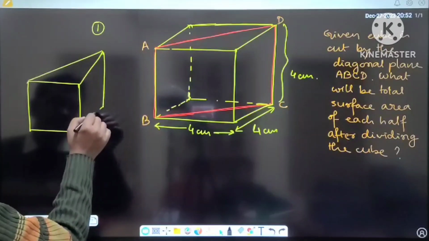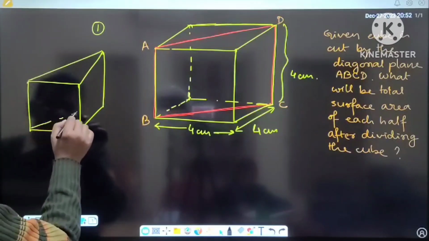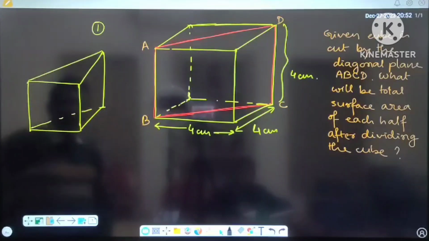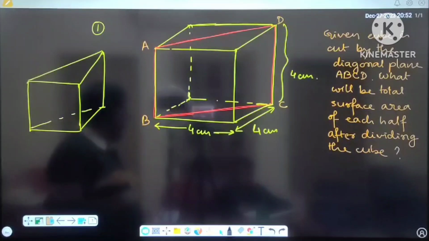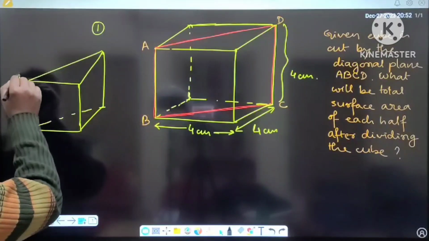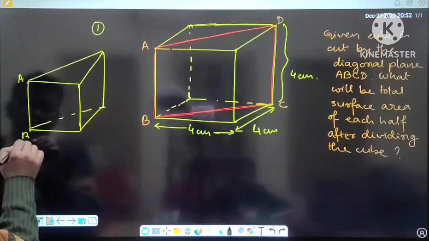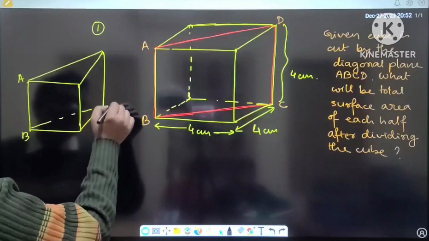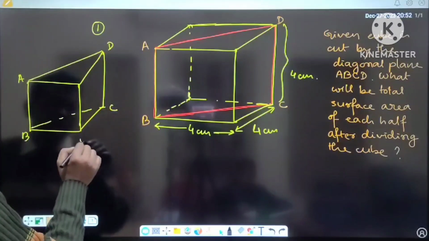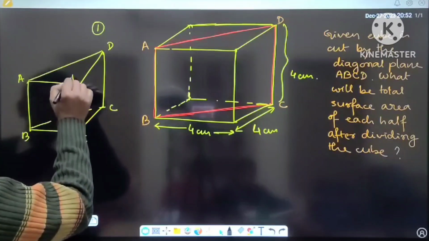Yes or no? This is the one part of the cube after division. This is A, this is B, this is C, this is D. I can mark this as E, this is F.